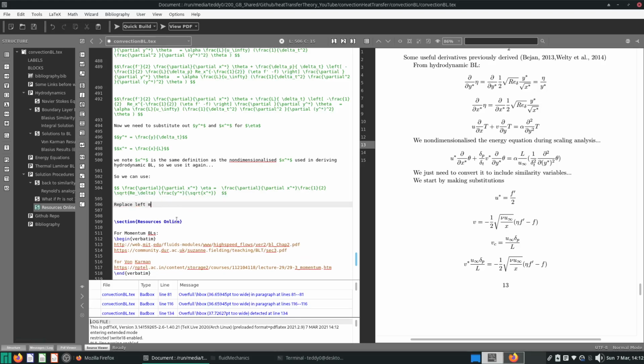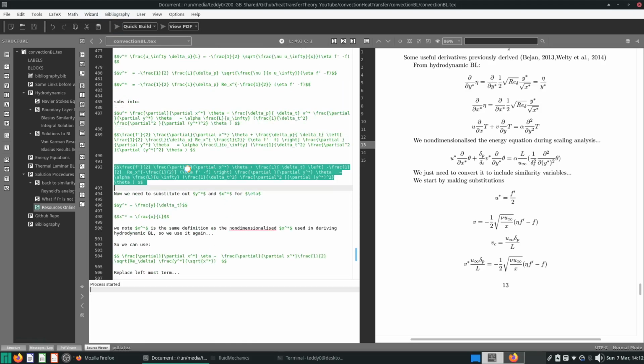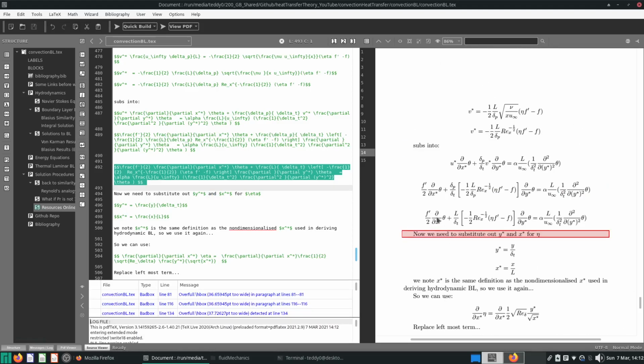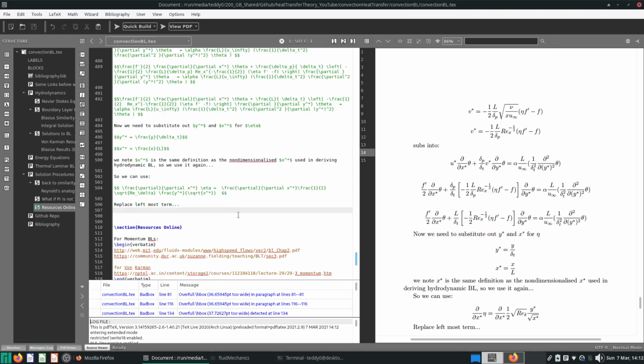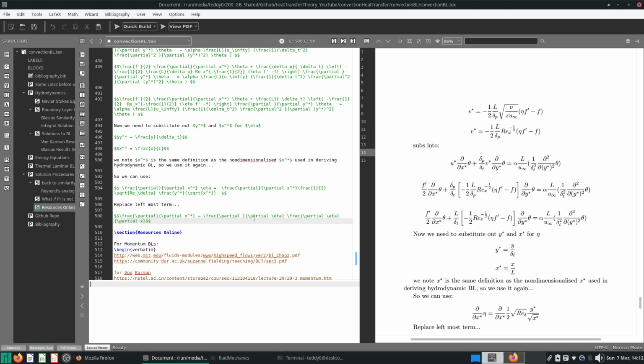Replace the leftmost term, I'm talking about this del by del x star derivative. So we can just put this chain rule like so: partial by partial x star equals partial by partial eta, and then you do partial eta partial x star.